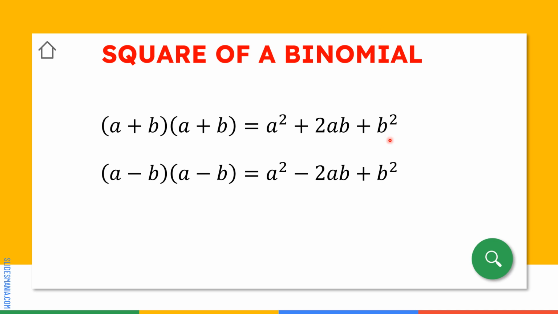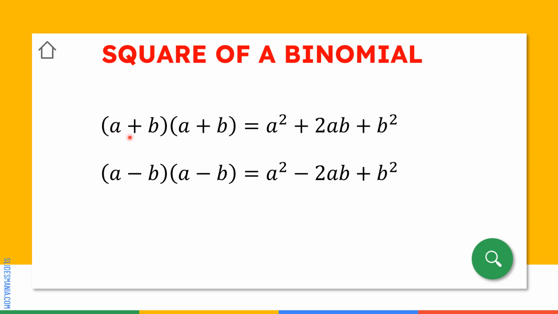And the last term of the product is always the square of the last term in the binomial, which is b. Again, I will repeat. The first term is always the square of the first term, which is a. The middle term is always twice the product of these two terms, a and b.